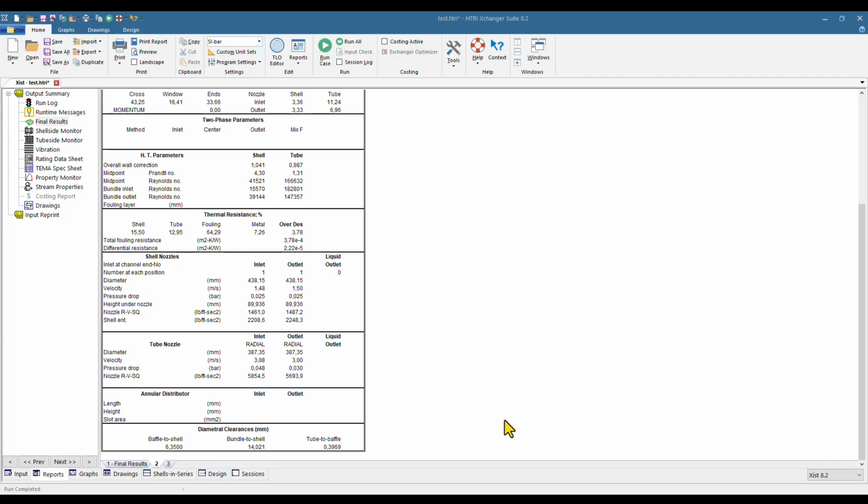So above 1500 you need an impingement device. If you want the impingement device in any case, because we are too close to the limit, well, it's not very difficult.